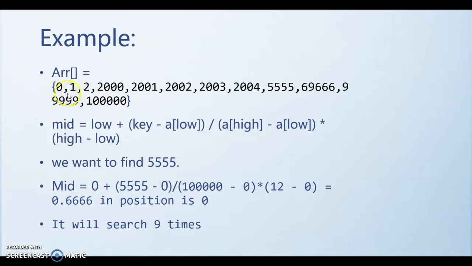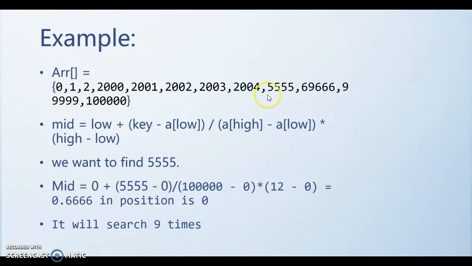We have 0, 1, 2, and then jump to 2000. So this array is not balanced. If we want to find something bigger than 2000 or near the biggest number in this array, we should search more specifically.